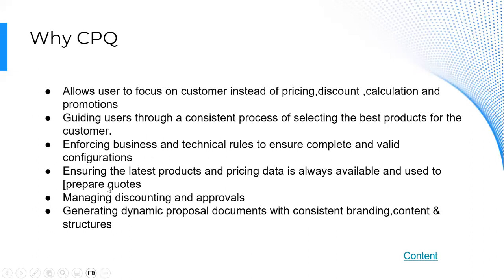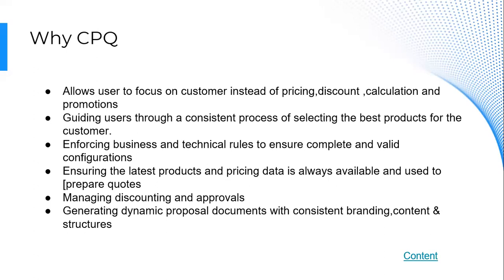Then Salesforce CPQ helps us in managing discounting and approval. Salesforce CPQ provides a list of inbuilt functionality that we can use to manage discounts and approvals. Then generating dynamic proposal documents with consistent branding, content, and structure. As I told you earlier, if sales reps are generating documents manually, there could be inconsistency between the documents generated by two different sales reps.